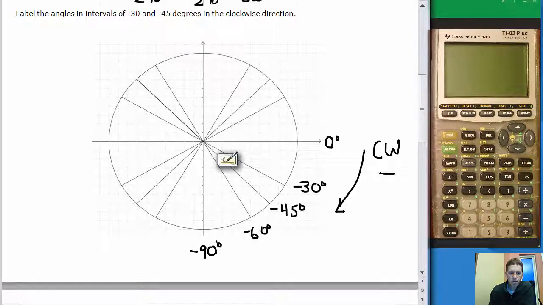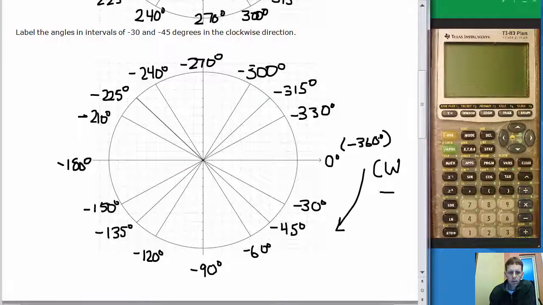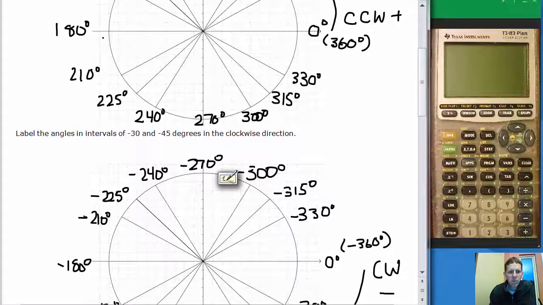What I'd like you to do is pause the video and write in the rest of the angles that go around the unit circle this way, finishing up at negative 360 degrees. So continuing around the circle, our measurements we have are negative 120, negative 135, negative 150. Negative 180 degrees is located at the same location that positive 180 degrees was.